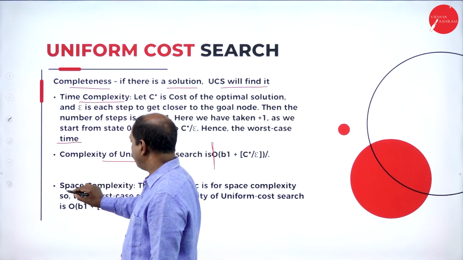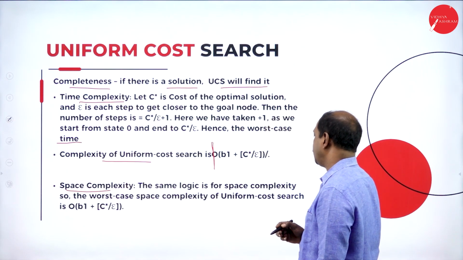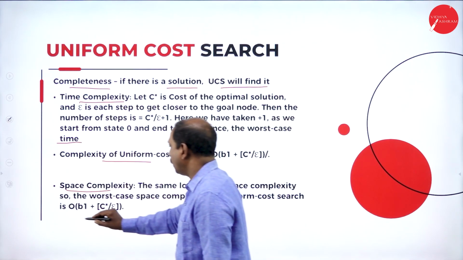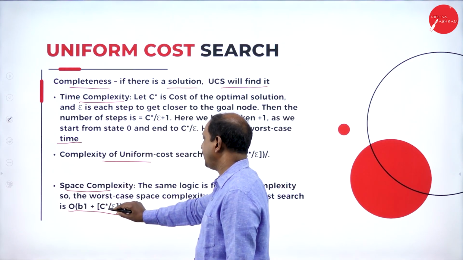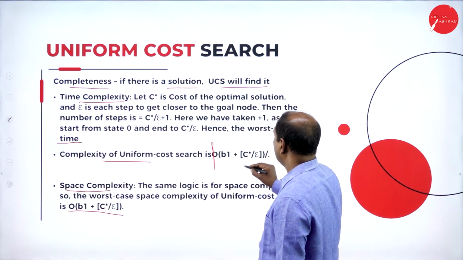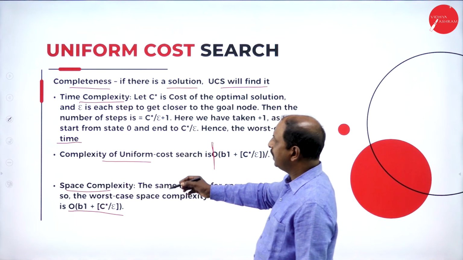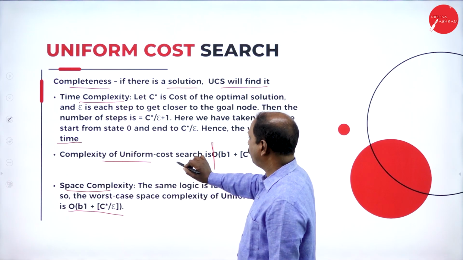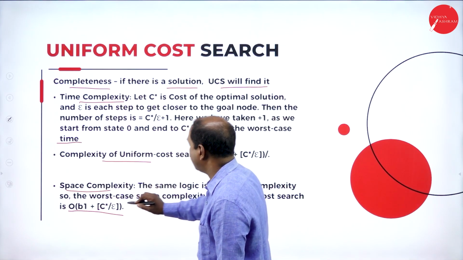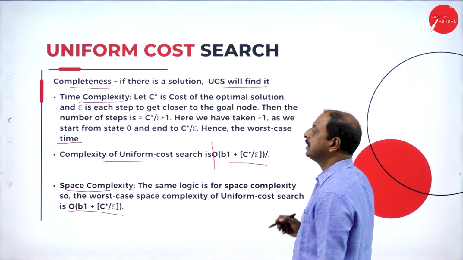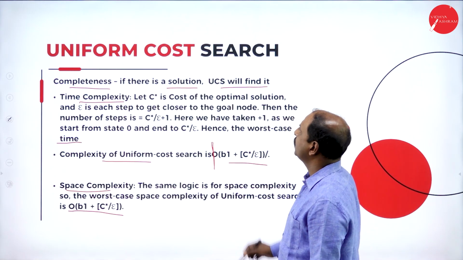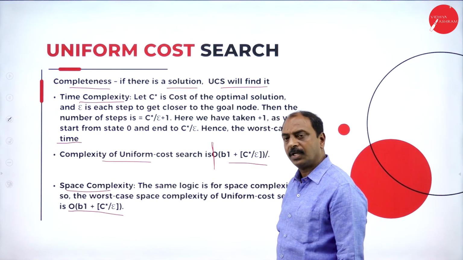What is the space complexity? Space complexity is also referred to as order of b to the power of (1 + C*/ε). So here the time complexity and space complexity are almost the same. So this is the uniform cost search algorithm.